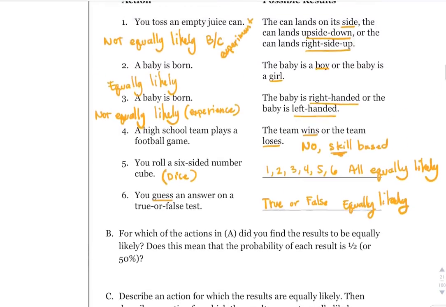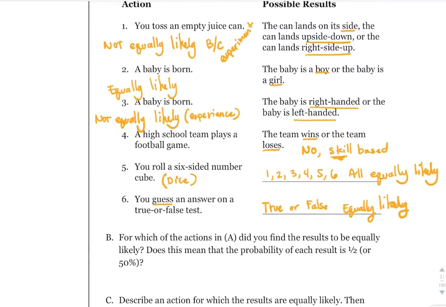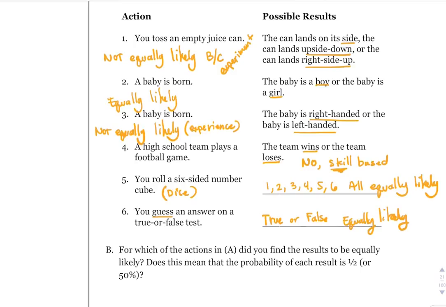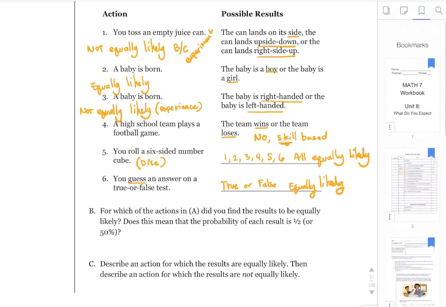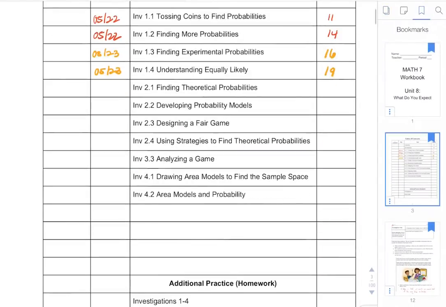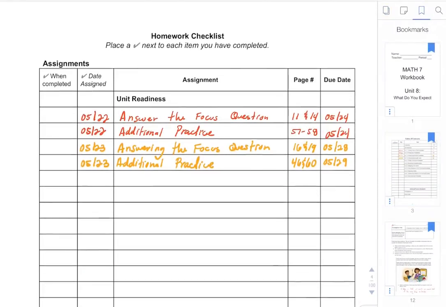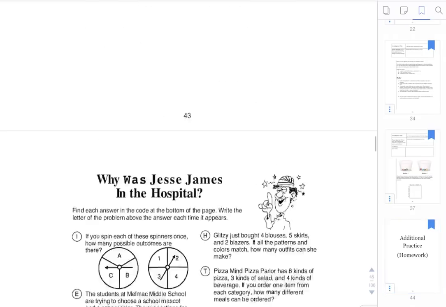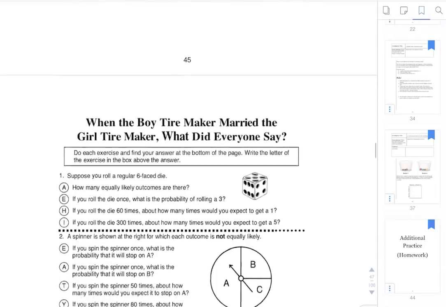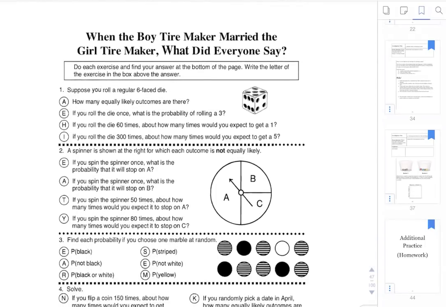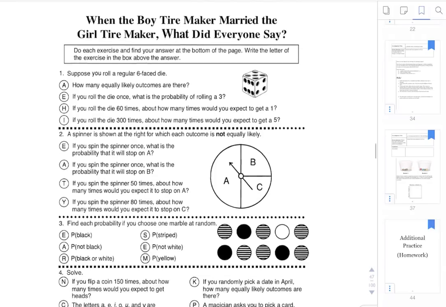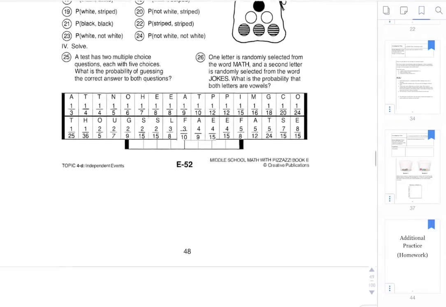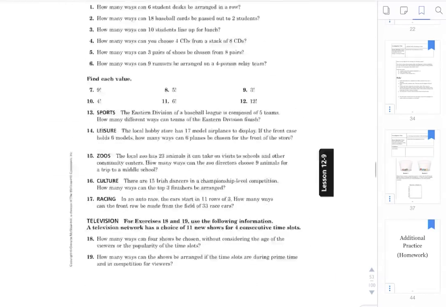And this is just a little bit of a conversation of the types of things that are equally likely or not equally likely. Your homework, again, let's go back, is on pages 46 and 60, and it should look something like this. 46 is the one where the boy tire maker married the girl tire maker, what did everyone say? And page 60 is this one.